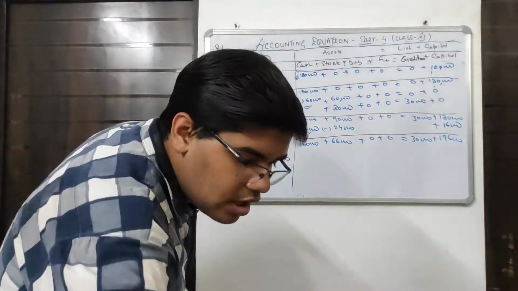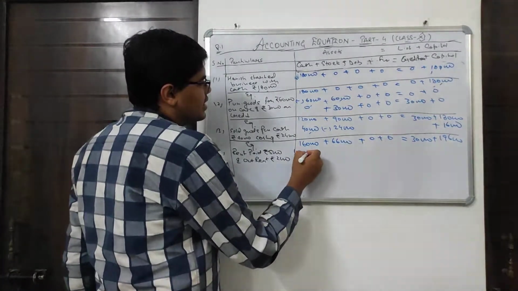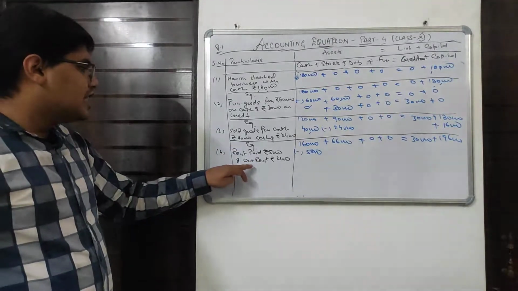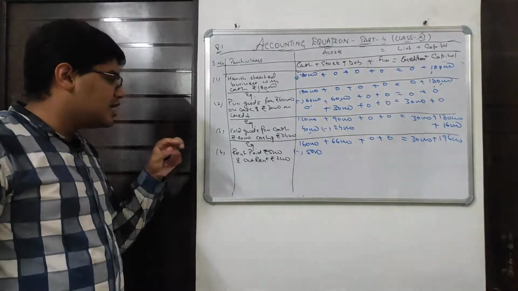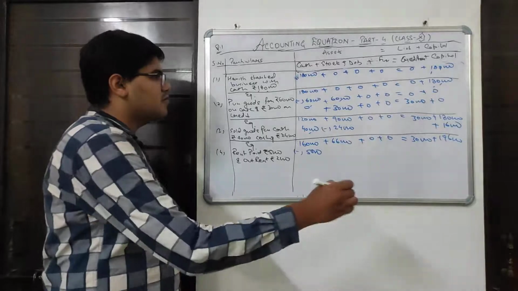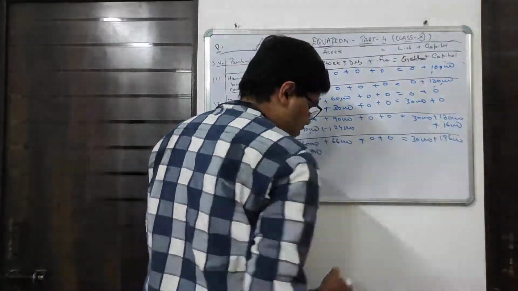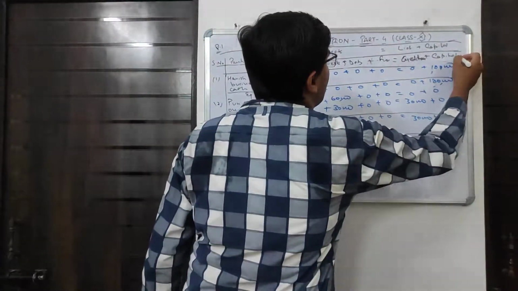So first of all, rent payment 5,000 will be deducted, since rent is an expense, so cash will be deducted. Now outstanding rent means the amount which is due, means we have not made the payment of rupees 2,000. So 2,000 will be added as a liability.